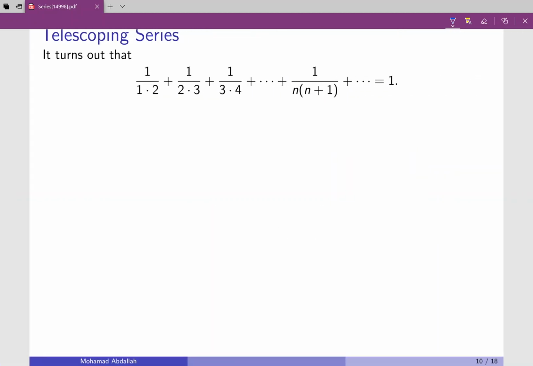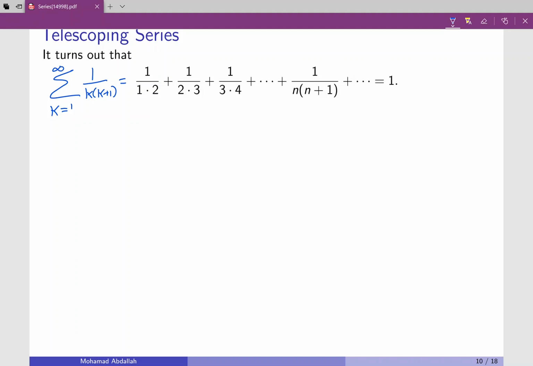Another type of series that we will talk about is called a telescoping series. Look at the sum I have here in front of you. I'm claiming that this sum is equal to 1. It's not geometric. I'm just adding. So if I want to write this, it's the summation of 1 over k multiplied by k plus 1 from k equal 1 to infinity.